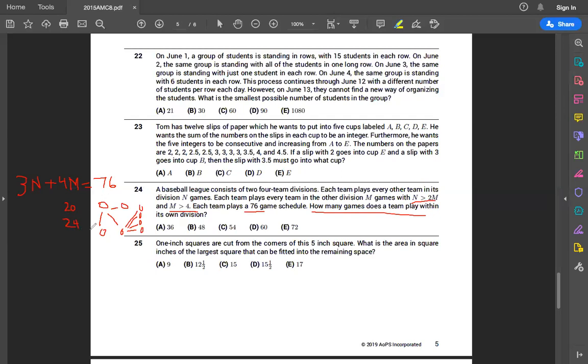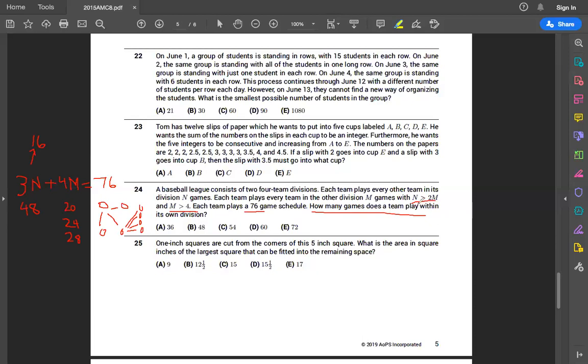And now we would be looking at 52 is 3 times n. That still does not work. So we'll go on to the next possibility, which is m equals 7. And that would be 28 games here. And that would mean 48 games for 3 times n. This works, and n would be 16.